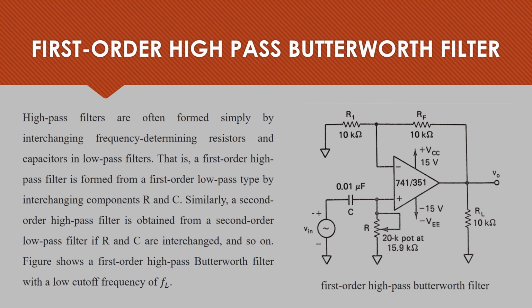Coming to the first order high pass Butterworth filter. High pass filters are often simply formed by interchanging the frequency determining resistors and capacitors in the case of a low pass filter. We are just interchanging C and R here.